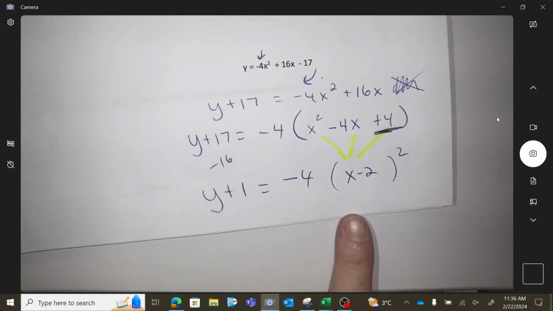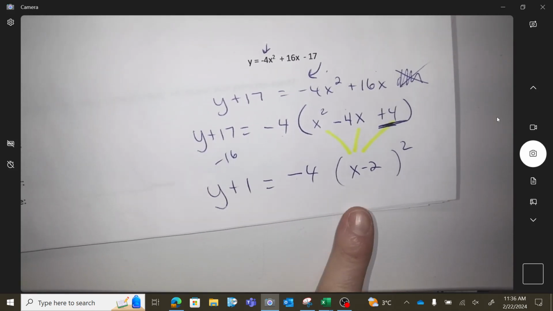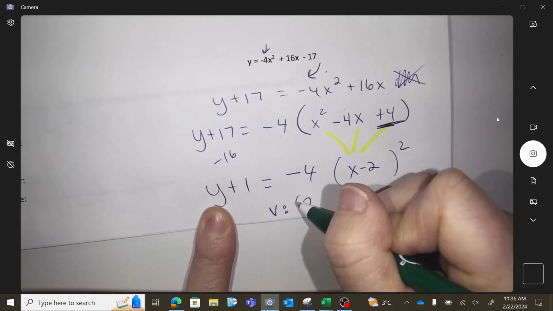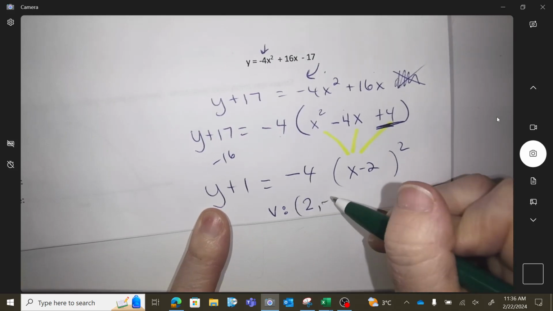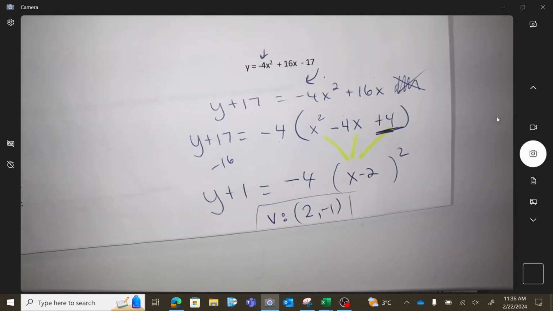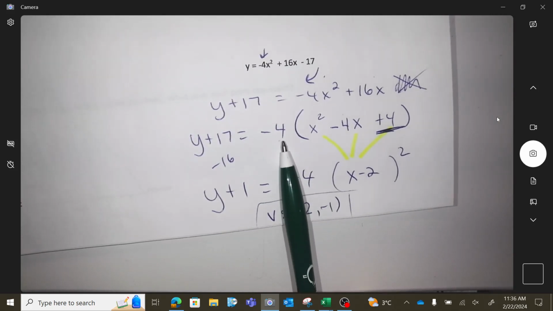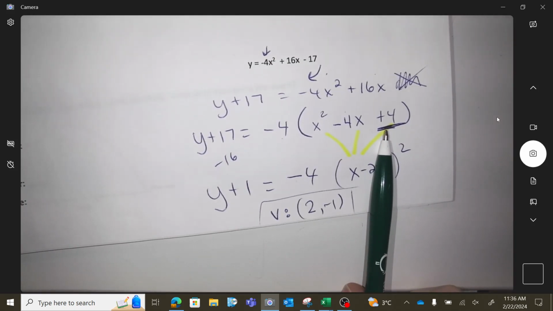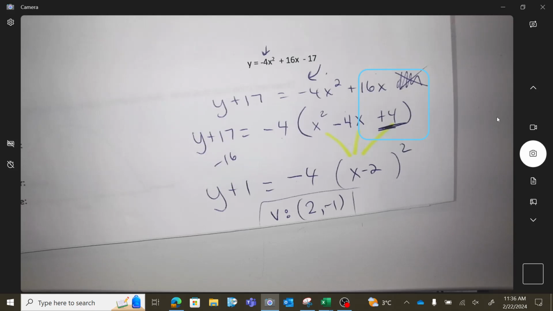How do you look for it here? +2, opposite, -1. Remember that? Why would it be -16? Because I have, oh, minus, yeah. I took 16 off of that side, technically, so I should take 16 off that side.